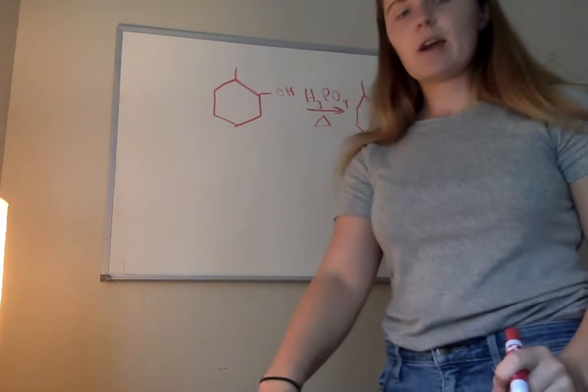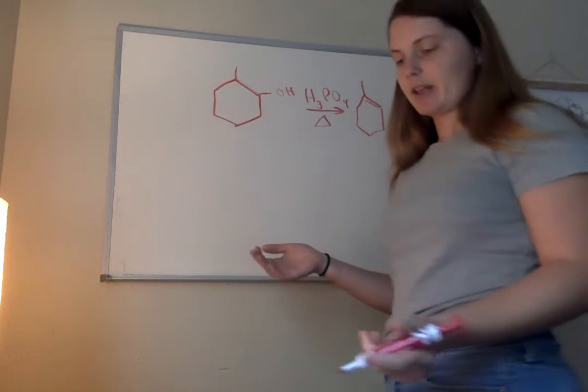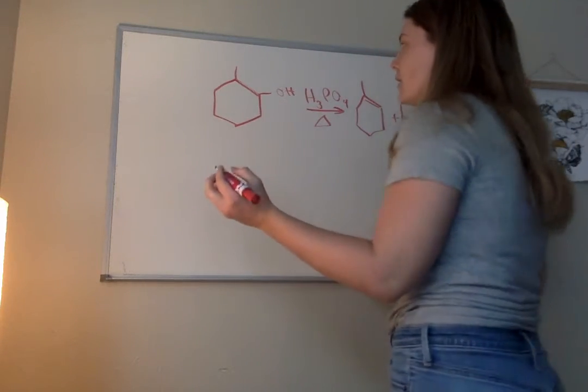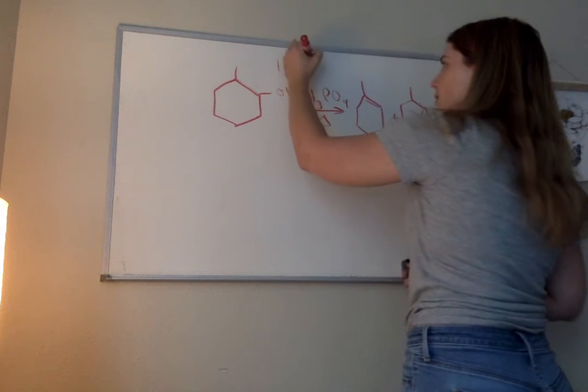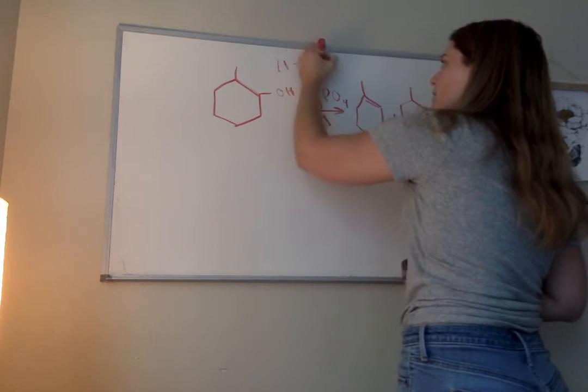And the way this happens is, if you remember from your organic chemistry classes, the first thing that will happen is the acid will react with the alcohol, the greatest nucleophile in this system.